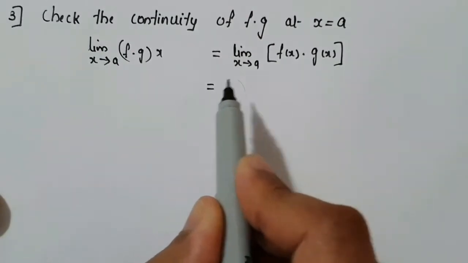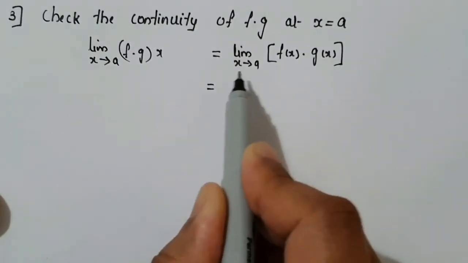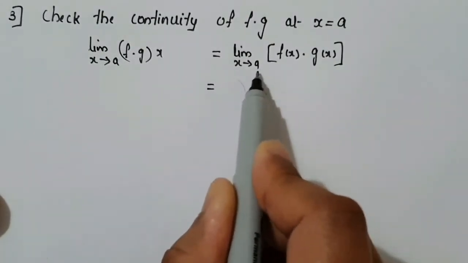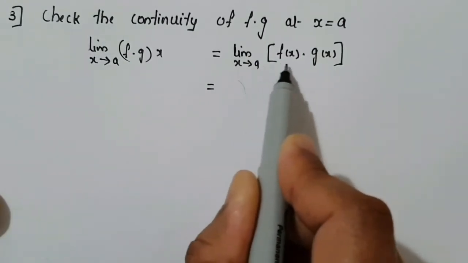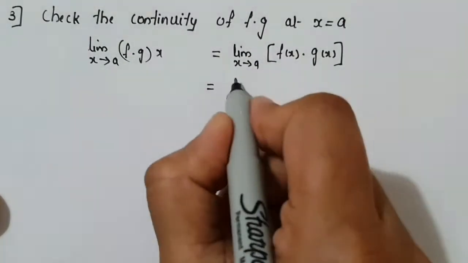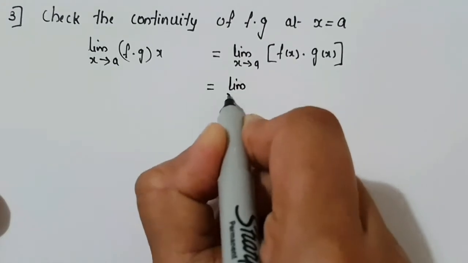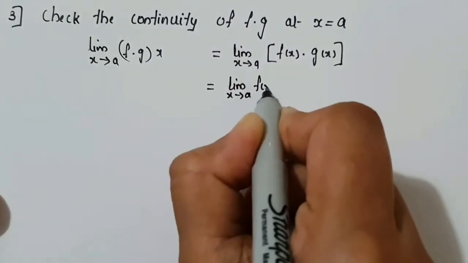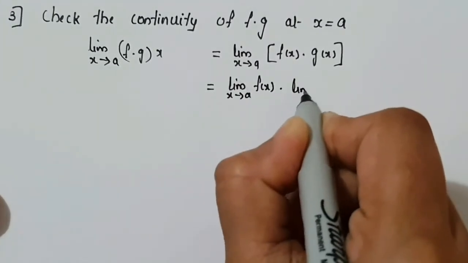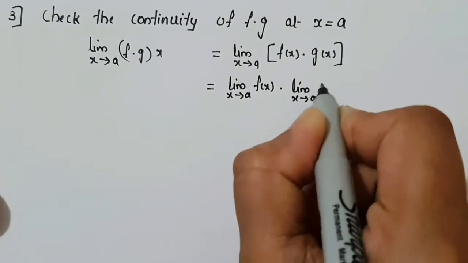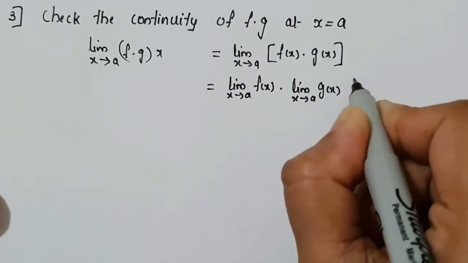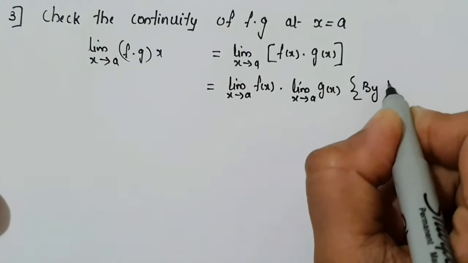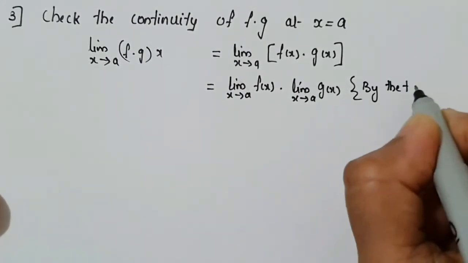This is equal to, by the theorem on limits, the limit of the product of two functions is the product of the limits of the functions. That is, limit x tends to a, f of x dot limit x tends to a, g of x, by the theorem of limits.